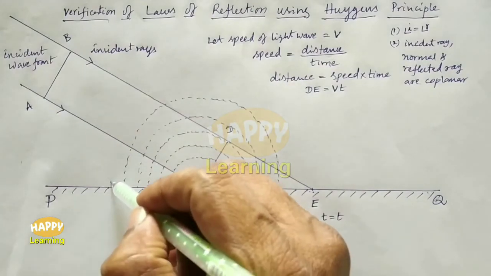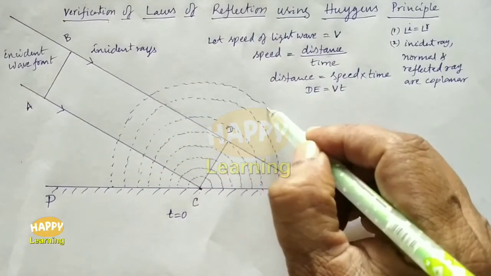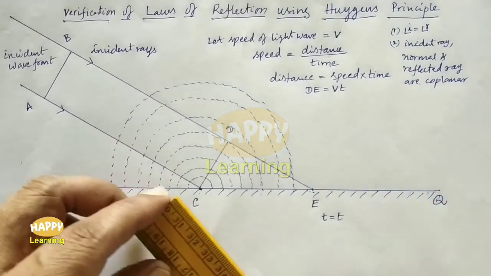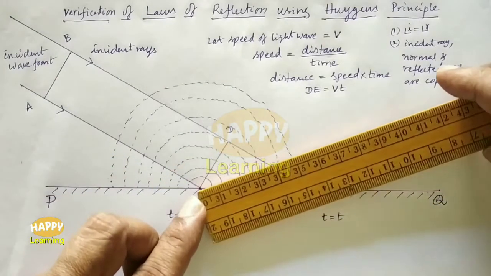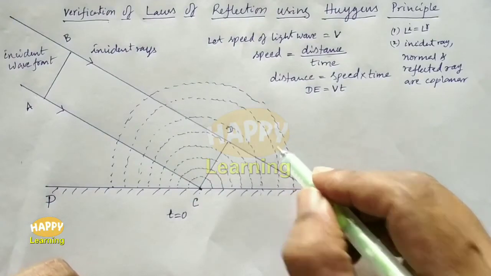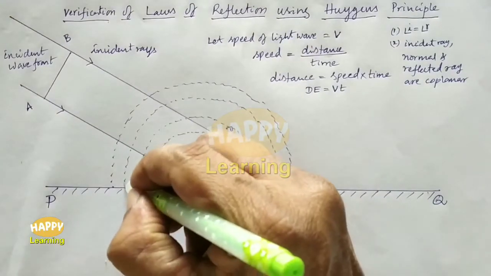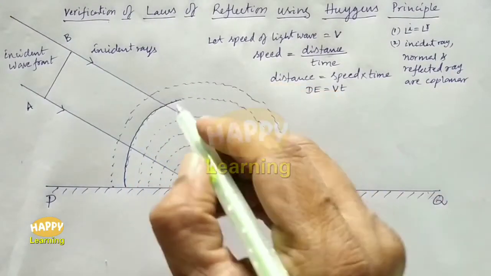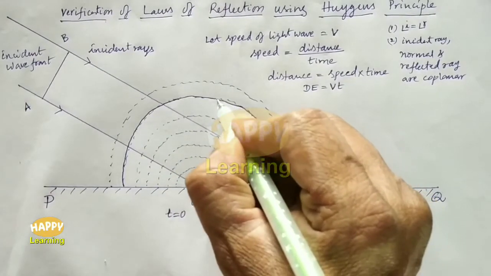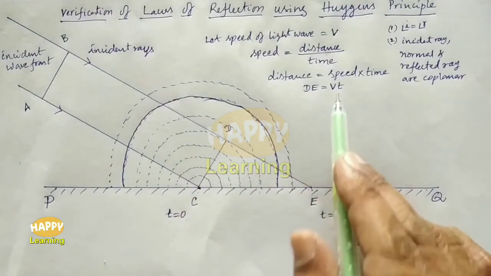So this secondary wavelet has a radius equal to DE, which is Vt.